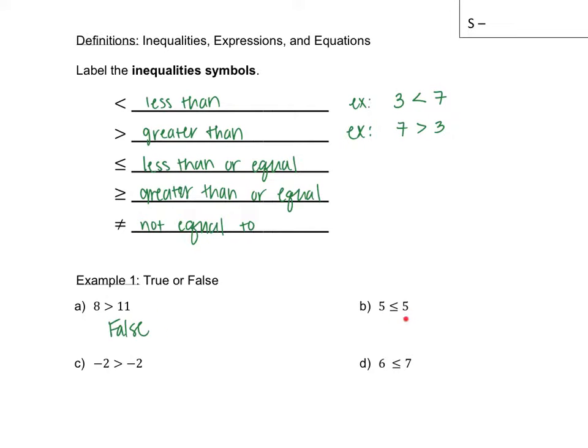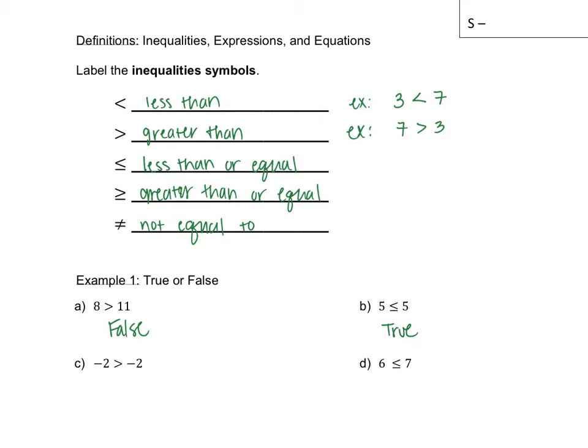When we look at B, this gets a little tricky. It says that 5 is less than or equal to 5. Now, 5 and 5 are equal to each other, which means they need to have that equal sign symbol, and this actually does provide it. Because the line is underneath that inequality, this is saying that 5 and 5 are equal, which is true.